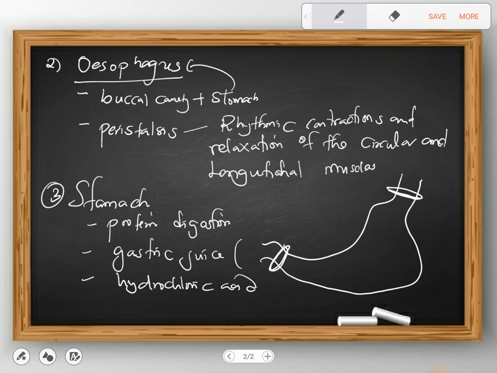These muscles at the beginning are called cardiac sphincter muscles, also called esophagus sphincter muscles, and those at the end are called the pyloric sphincter muscles. These muscles help regulate the movement of the bolus in and out of the stomach.